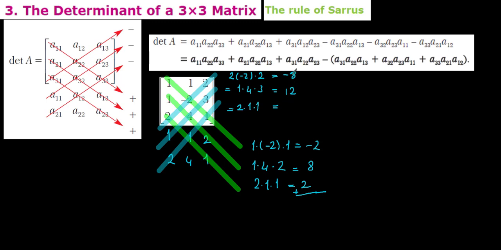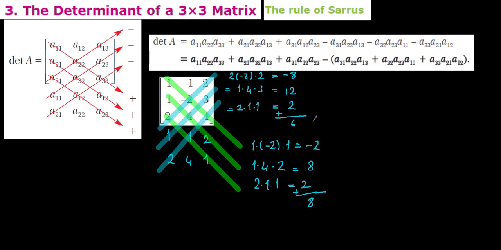And 2 times 1 times 1 is equal to 2. Now the sum is -8 plus 12 plus 2, which is 14 minus 8, equal to 6. The earlier part was -2 plus 8 plus 2, equal to 8.